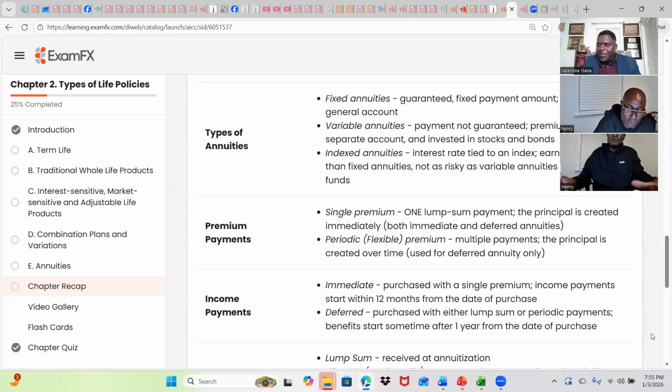What I mean is that, with index annuity, we said the interest rate is tied to a higher rate than a fixed annuity. Fixed annuity, let's say, based on your agreement, 5% is fixed. But index, they said it's tied to a higher rate.